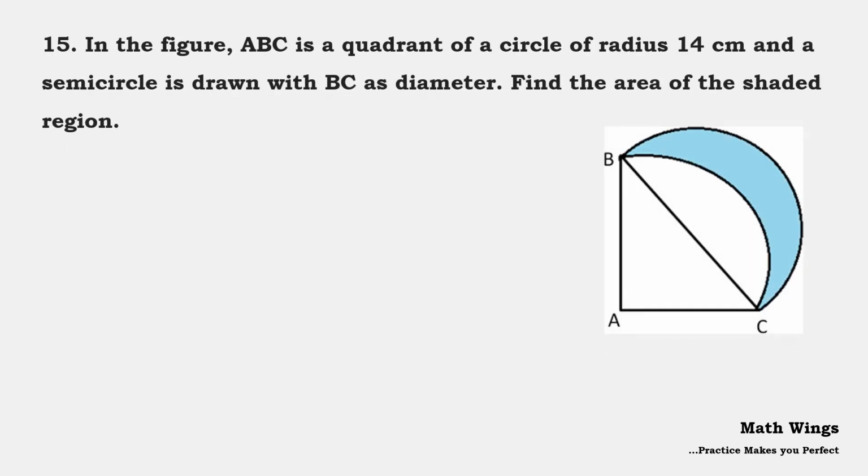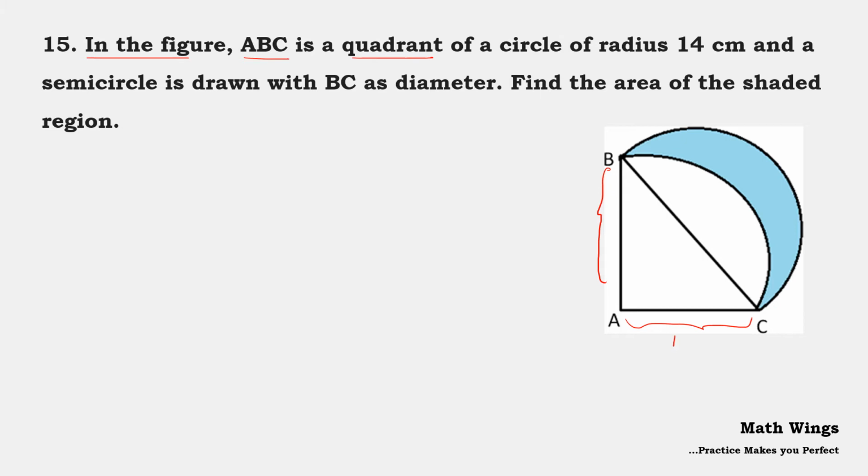Here is the 15th one. What is given here? In the given figure, ABC is a quadrant of a circle of radius 14 centimeter. So which is the radius here? If you observe, AC and AB both are the radius, correct?